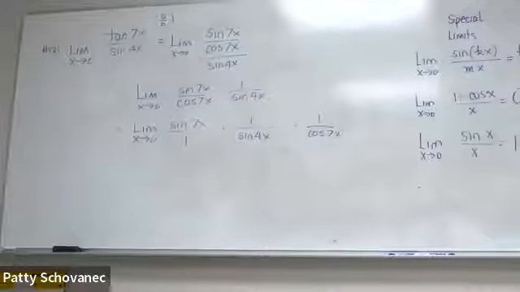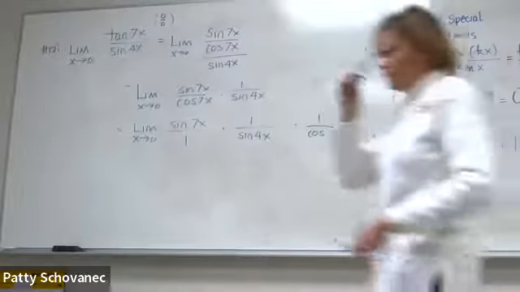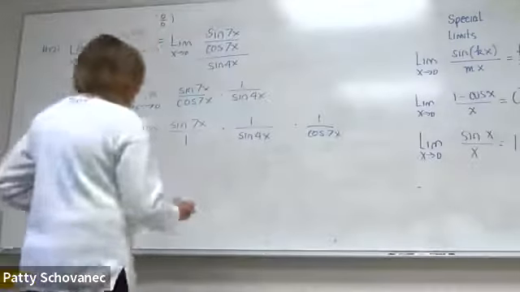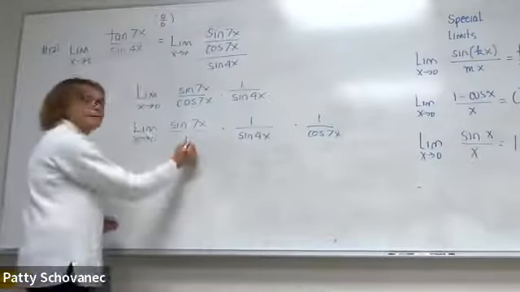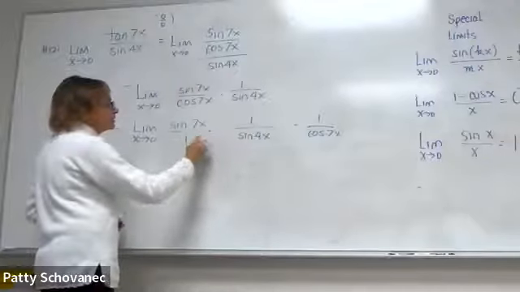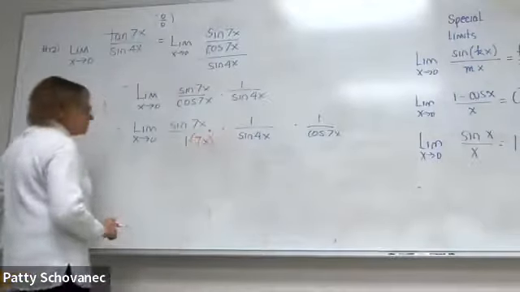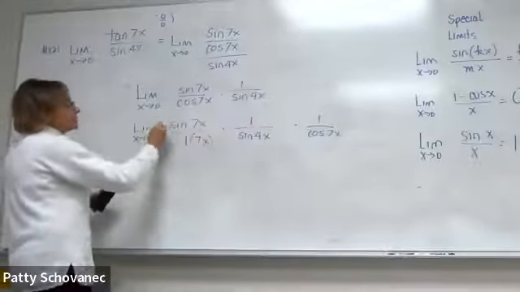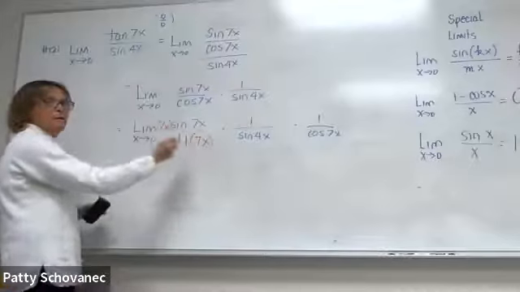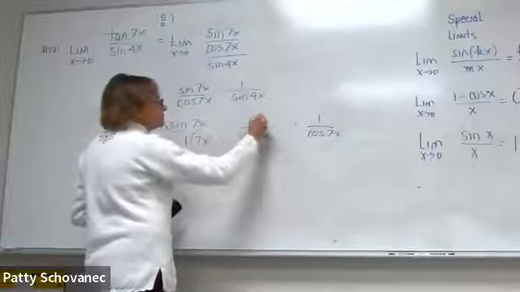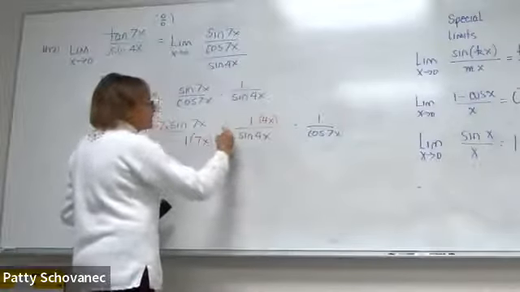There they are. So I need a red one. I'm going to put a 7x right here, and I can do that if I put it down here, and I take it out up here so that I'm multiplying by 1. I'll do the same thing here. I'm going to put a 4x here, but I'm going to take it out right there.